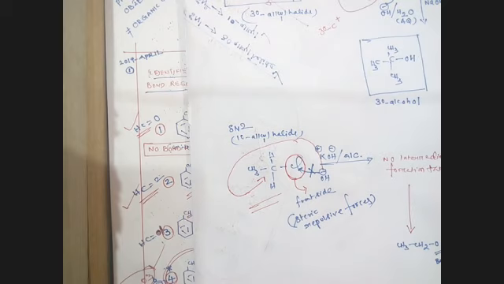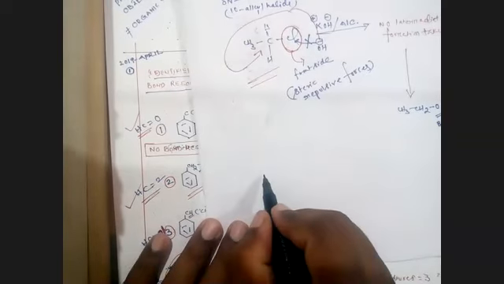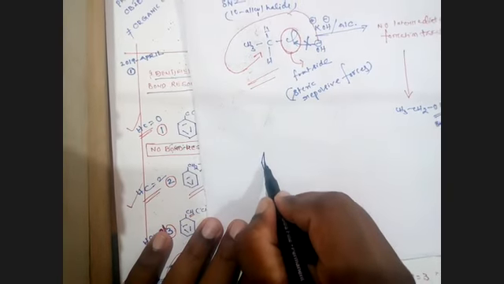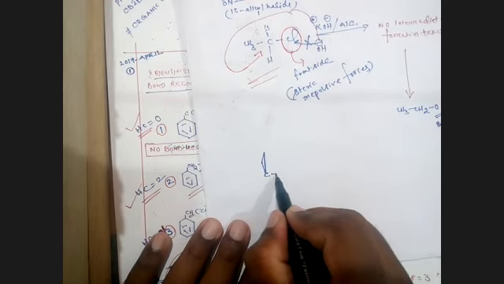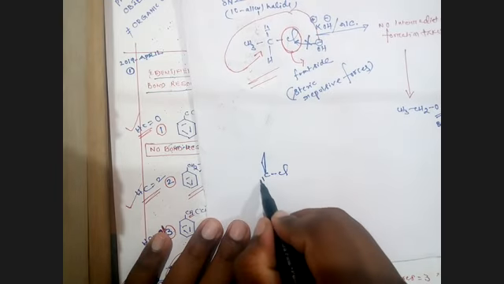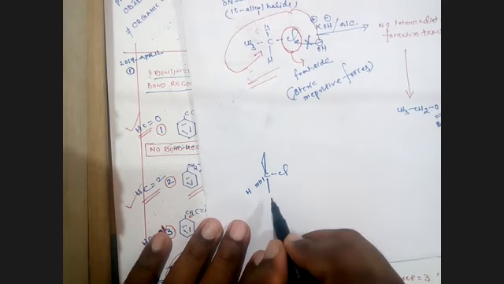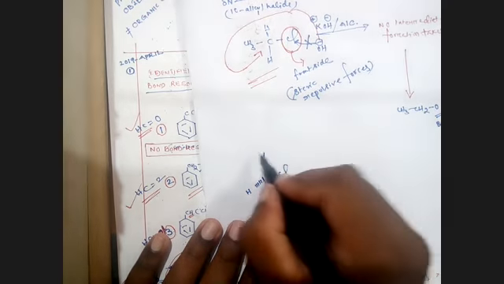Now, how to identify an inversion configuration, friends? This part is very important. In your examination, they're giving it like this: a chlorine atom here, a hydrogen atom here, and another substitution here, methyl, CH3, and the hydrogen.